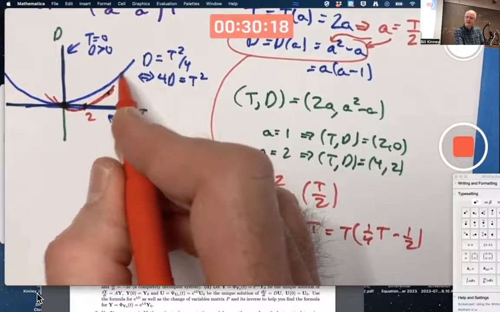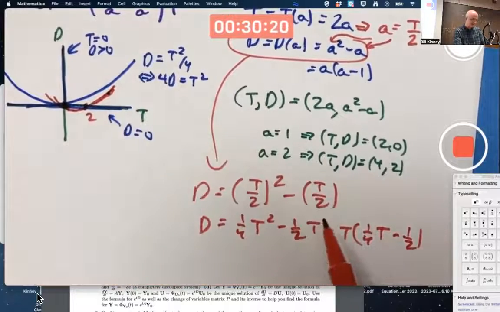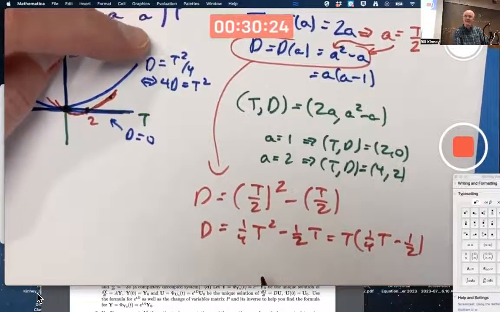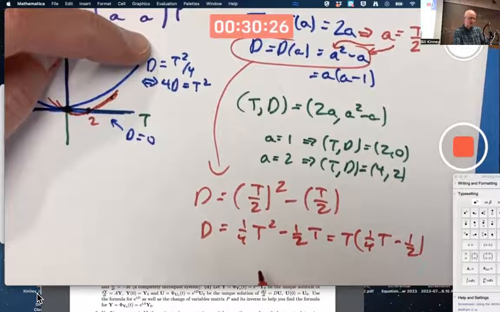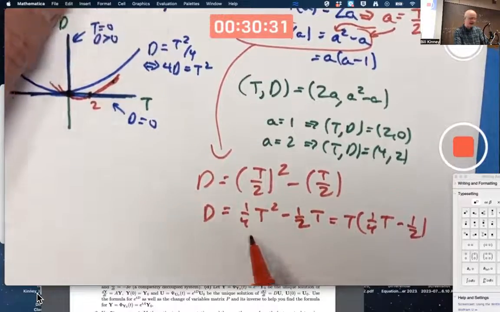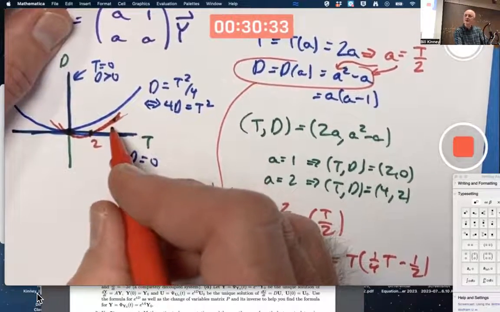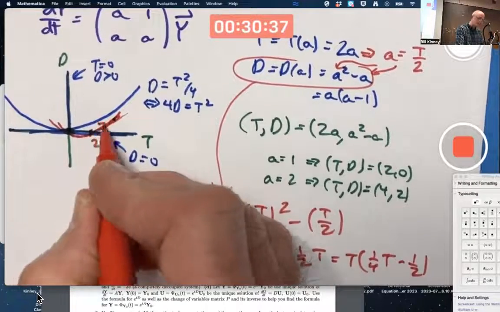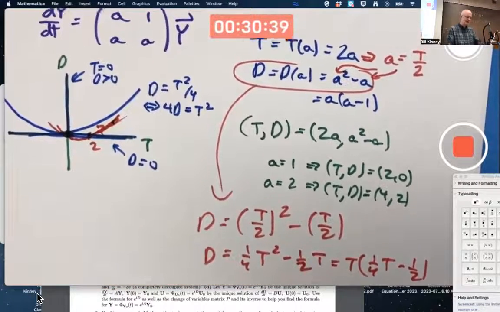Will it touch the repeated root parabola over here? Boy, perhaps not. Do you see d equals t squared over 4, a 1/4 coefficient of t squared there? There's also a 1/4 coefficient of t squared there, but I'm thinking it's not going to. But if you want to be sure, you've got to solve some equations.